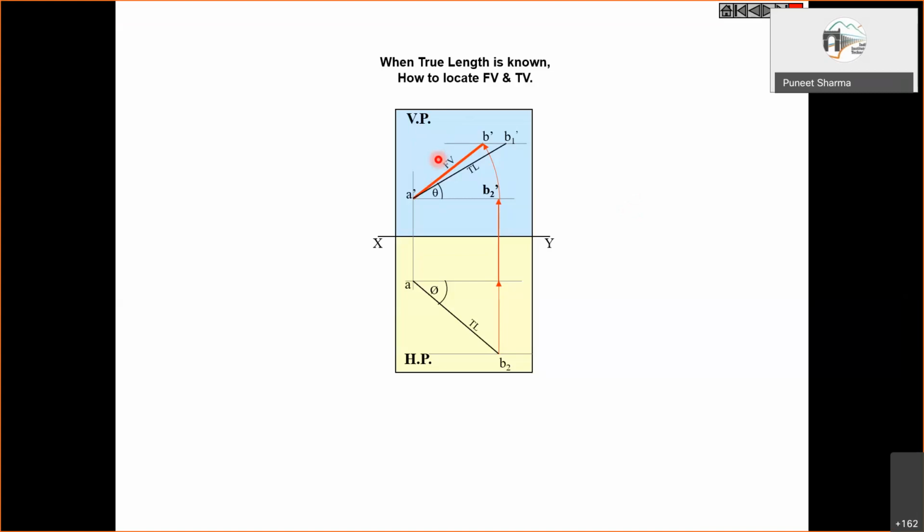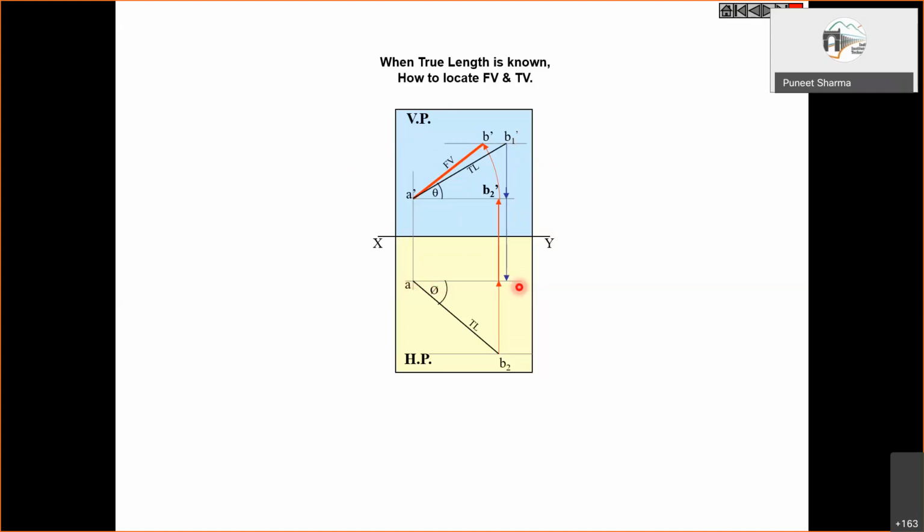Likewise, the opposite can now be done. We can obtain the corresponding length of the top view here from A dash to B1 dash. We have the true length and the inclination theta with the horizontal plane. Corresponding to this, we obtain the top view by drawing a line parallel to the XY line.